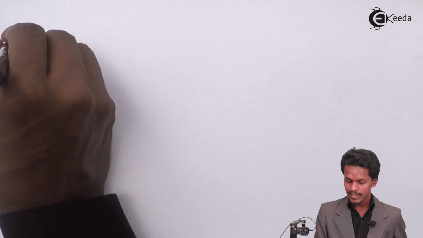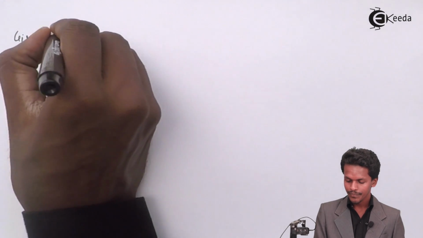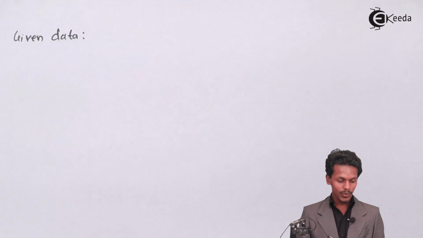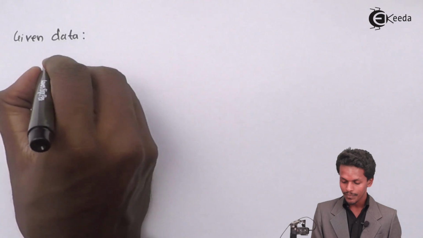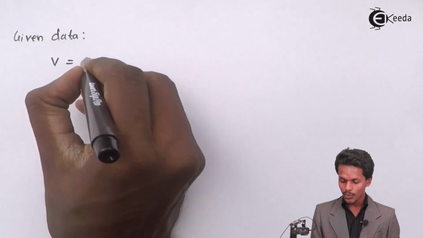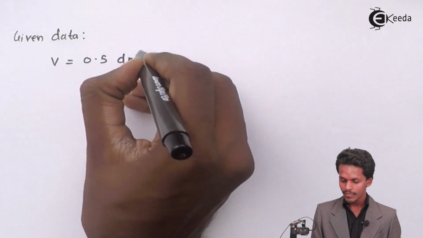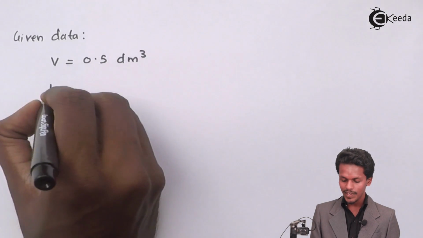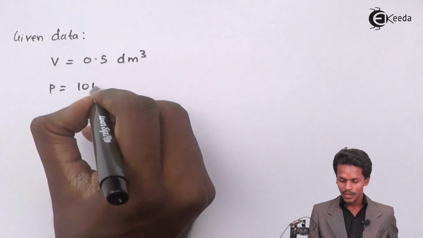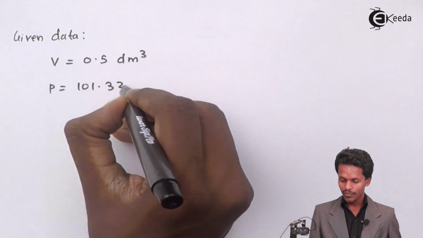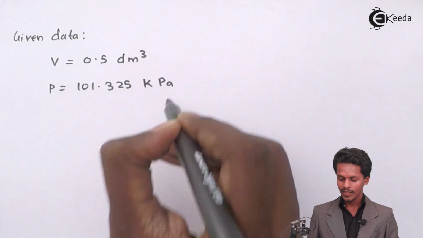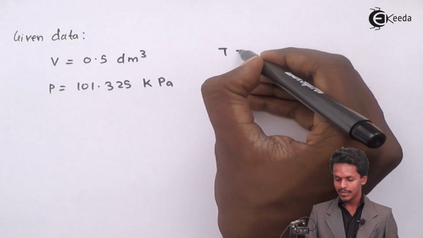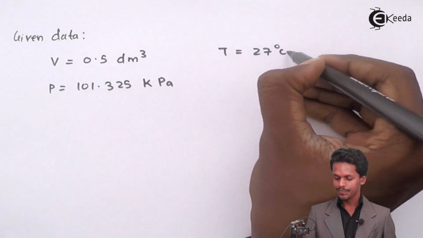In the given data, the volume is 0.5 dm cube, the pressure is P equals 101.325 kilopascal, and the temperature is 27 degrees Celsius.